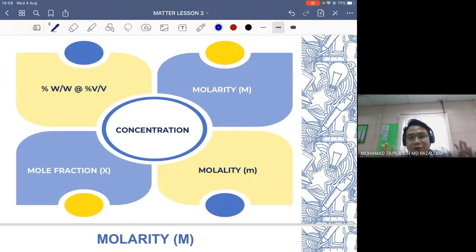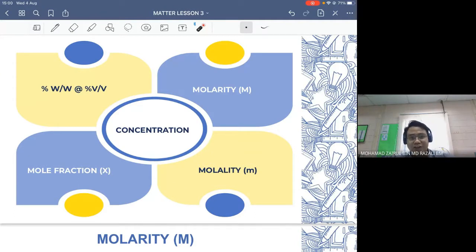Okay, we can express using different method. We have 5. Okay, untuk silibus awak kita 5. Molarity is the one that you already familiar. Molarity is given by the capital M. The second one is molality. Molality is given by the small m. So molarity sometimes people call it as a molar, molality, molal.